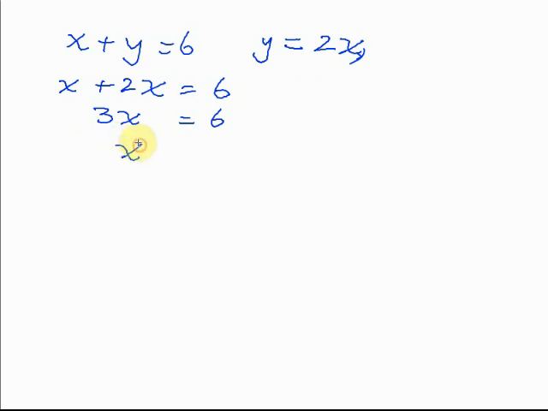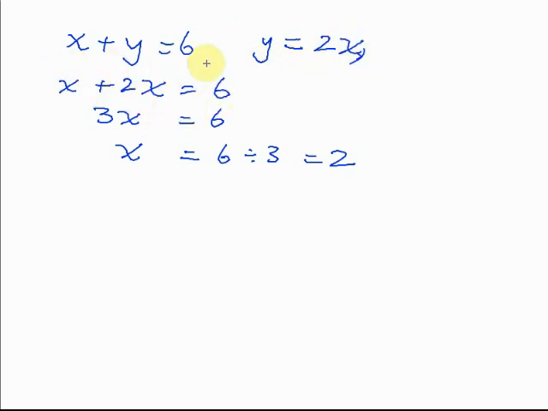We have 3x divided by 3. That's x is equal to 6 divided by 3. And 6 divided by 3, how many 3's go into 6? That's 2.